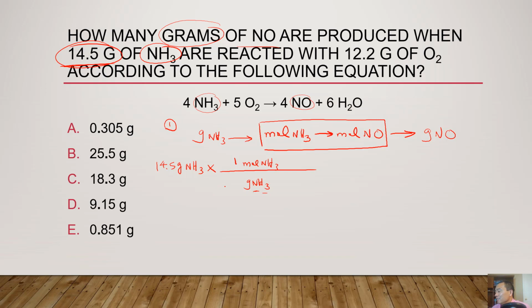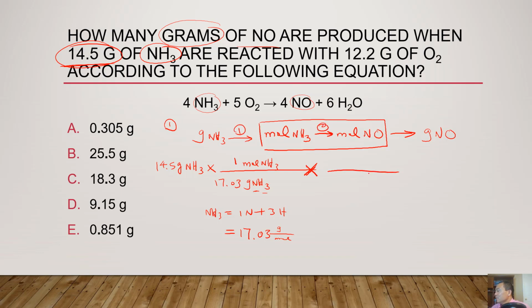You calculate that, so this is 1 nitrogen plus 3 hydrogen, which gives you 17.03 grams per mole. So basically this is the first step.